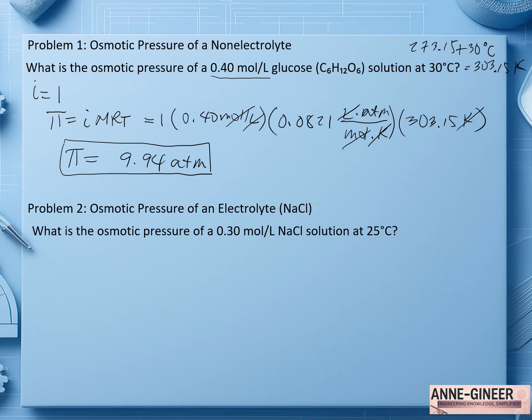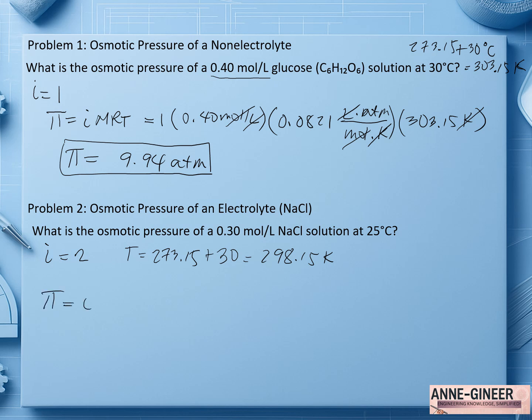Okay, so problem number 2. What is the osmotic pressure of a 0.30 mole per liter sodium chloride at 25 degrees Celsius? NaCl dissociates into two ions, so the Van 't Hoff factor is 2. The temperature should be 273.15 plus 25, which is 298.15 Kelvin.